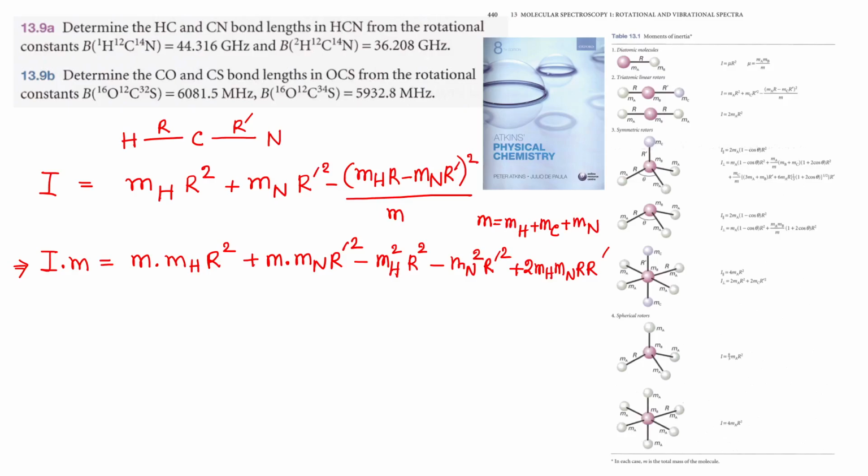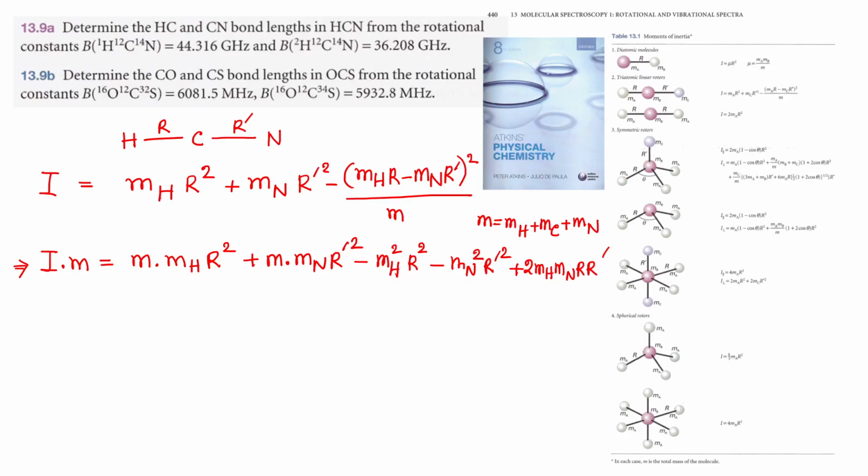But here you need to get the moment of inertia for the whole molecule, because your rotational constant is inversely proportional to your moment of inertia. So we need to get some expression for the bond length in terms of the available parameters.